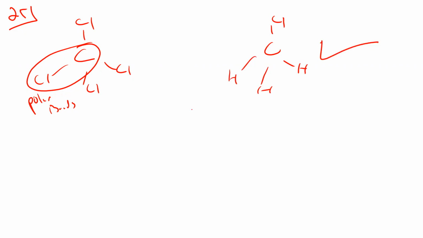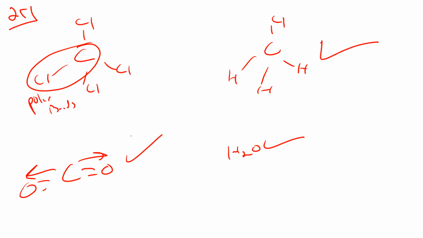This one has polar bonds too. Even though it's non-polar, carbon dioxide does have polar bonds. Water, H2O, has polar bonds. And so we have 1, 2, 3, 4 out of them.